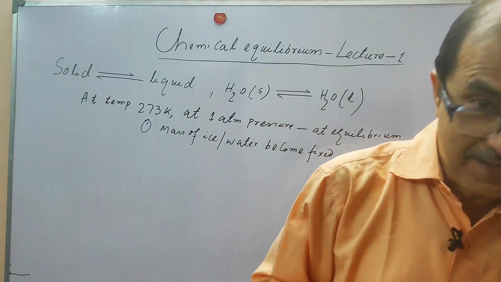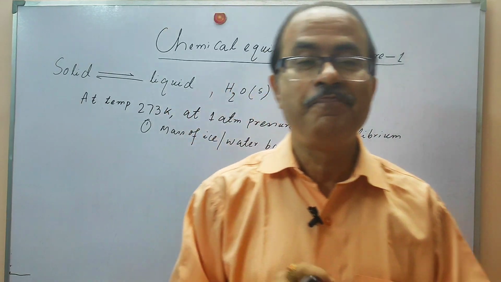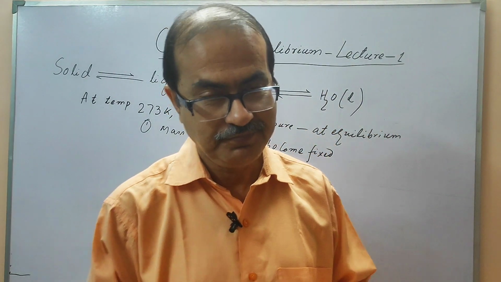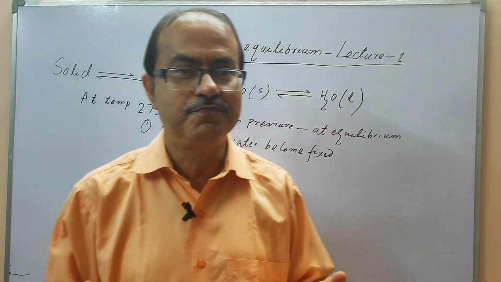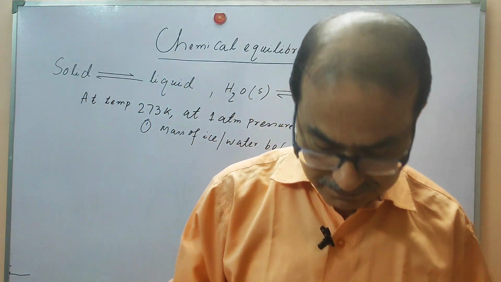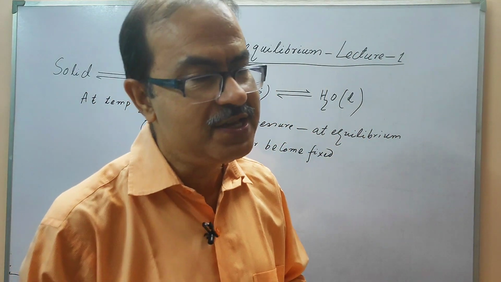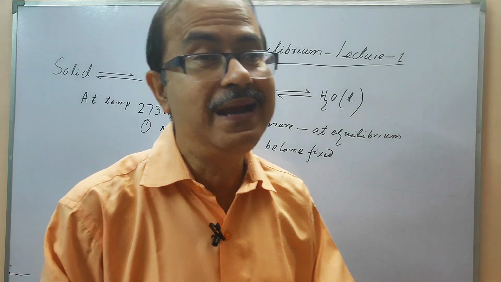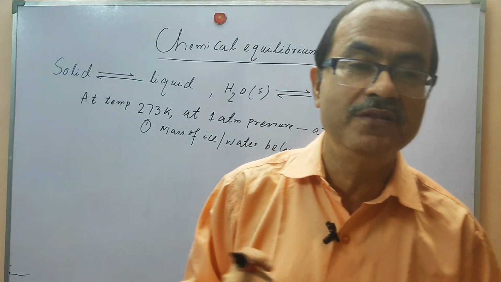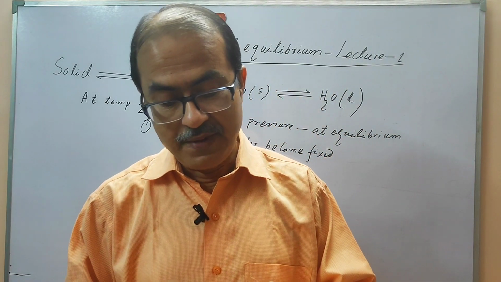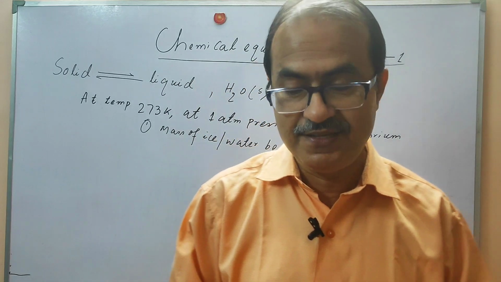It looks like after that nothing is going on, as if everything has stopped, because the amount of ice and water remains completely unchanged with time. But this is not the case.